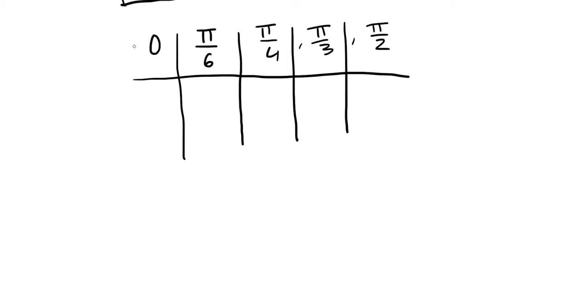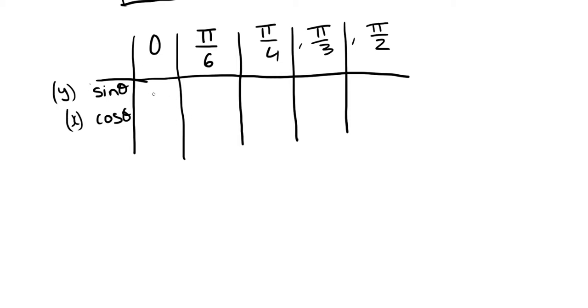So let's just make another column here. Let's see, so sine and cosine. These are the only two things that you'll need to memorize exactly on the unit circle. And this is basically the y coordinate, and this is basically the x coordinate.